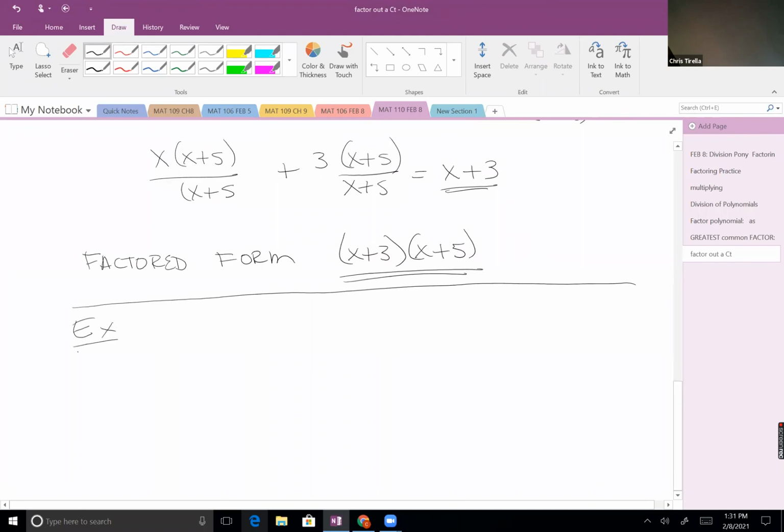So next example, let's factor right now using just the greatest common factor from, let's take, x squared times 2x plus 5 plus 17 times 2x plus 5.